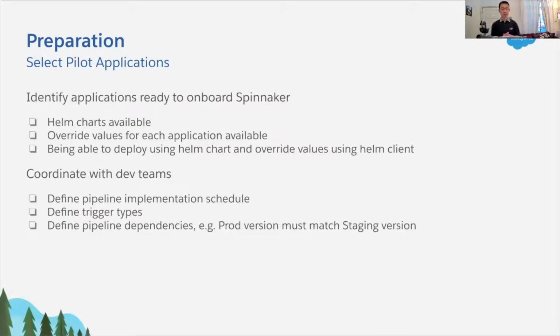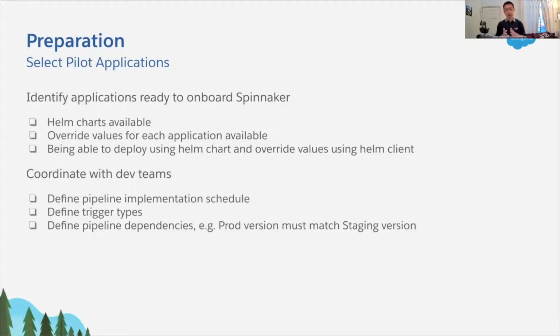During the preparation phase, we select the pilot applications. Basically, what I mean is that the application is ready to onboard onto Spinnaker. There are a few conditions that must be met. First, the Helm charts are available. The override values for each application are available. We are able to deploy using this Helm chart and override values using the Helm client.